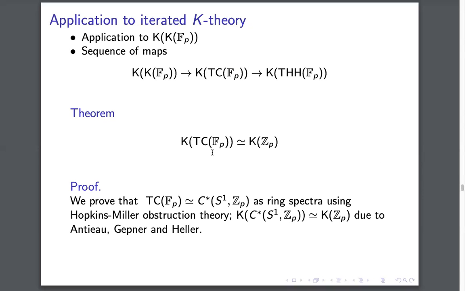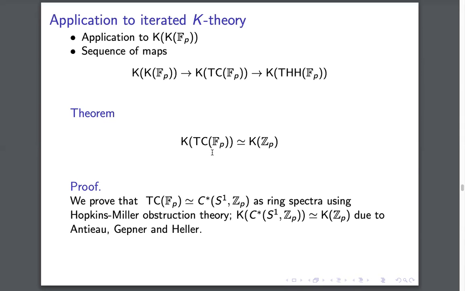Sorry, you can take the homology of S1 with ZP. I'm saying, can you make sense of the left-hand side if you put chains on S1 on the right-hand side using one of these versions of THH and TC?